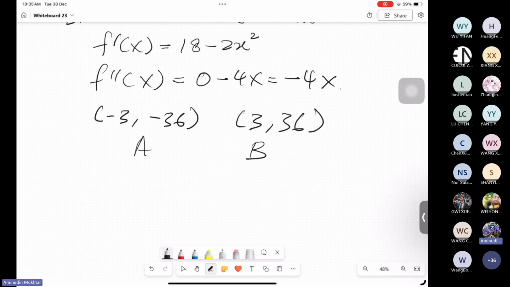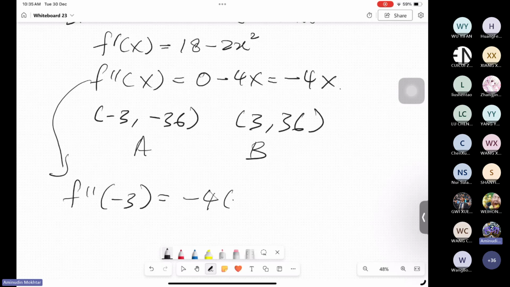We just replace the value of x with negative 3 in the second derivative. So the answer is negative 4 times negative 3, which is positive.